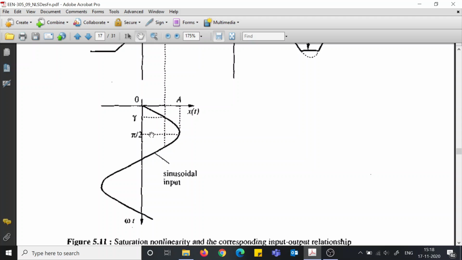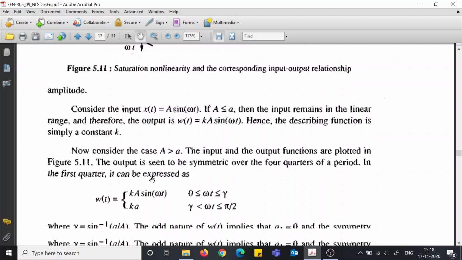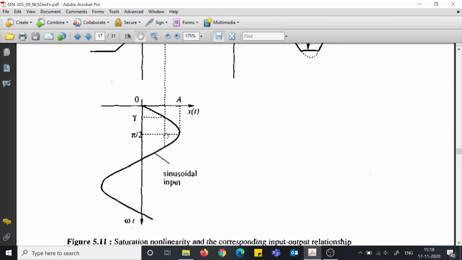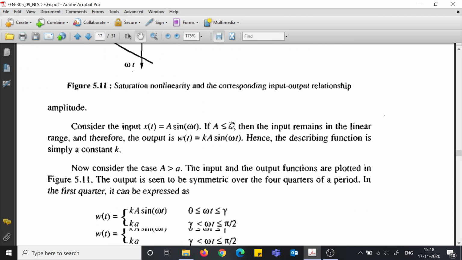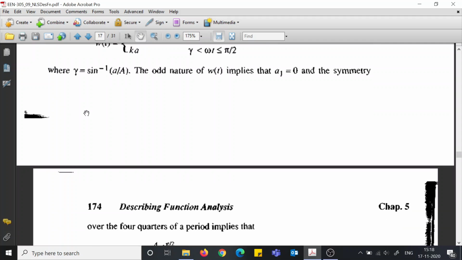This is actually a symmetrical quarter, taken up to pi by 2, because after that it becomes symmetrical. So only till this part we have tried to formulate the equation. After that it is just repetition, the integration will just be repetition.